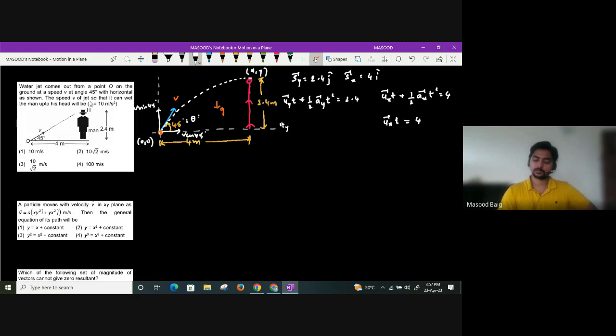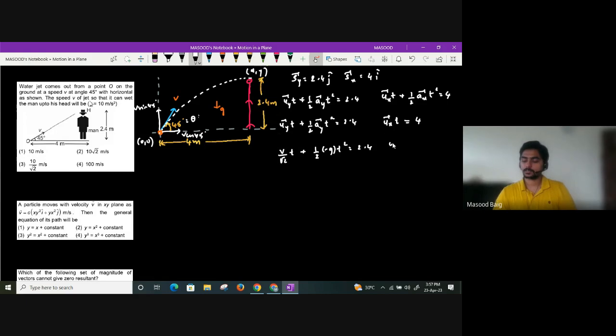Here you can write uy bar into t plus half ay bar into t square will be equal to what, beta? 2.4. They are asking for the speed now. What is the vertical component of velocity? V sin 45, which I can write as v by root 2. Yes or no? What is the time? I don't know, I'll keep it aside. What is the acceleration in y direction? It is moving under the effect of gravity, so minus g.